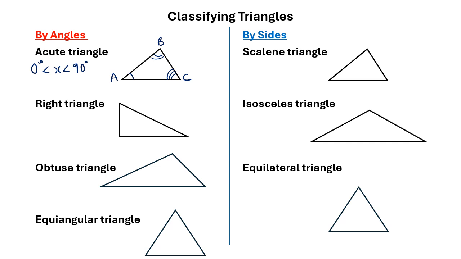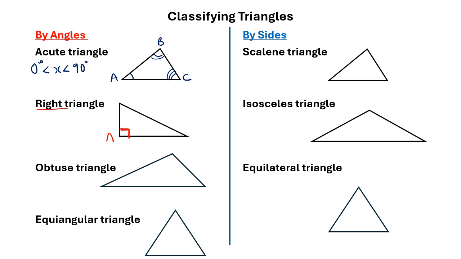For the next, we have a right triangle. And in order for us to have a right triangle, we need to have a 90 degree angle here. Without this, we will not know if it's a right triangle, no matter how nice it looks. So never assume that you have a right triangle, except you're told that it is, or you see this square corner here.